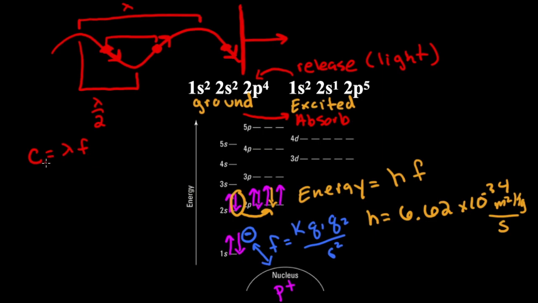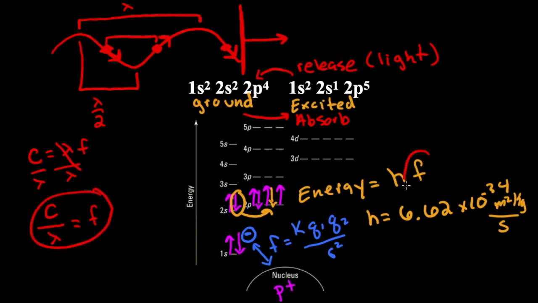So if the speed of the wave is equal to the wavelength times the frequency, and let's say we're given the speed and the wavelength, well, if we just rearrange this equation by dividing by the wavelength on both sides, we get the speed of the wave divided by the wavelength is equal to the frequency. And now we can say, okay, this right here is frequency.